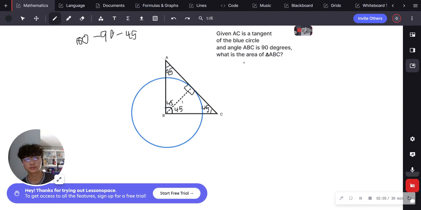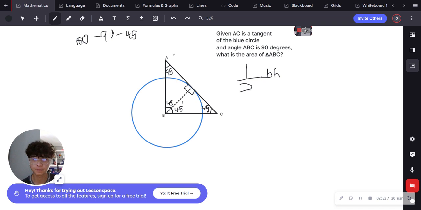And now the formula for the area of a triangle is half base times height, right? So let's use this one as the height and use AC as the base. It will make it much easier to calculate.